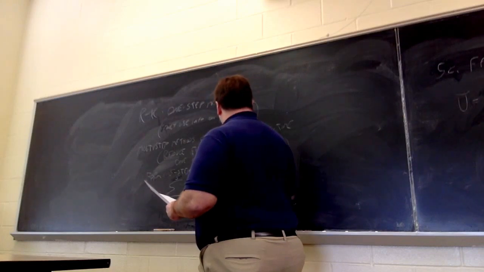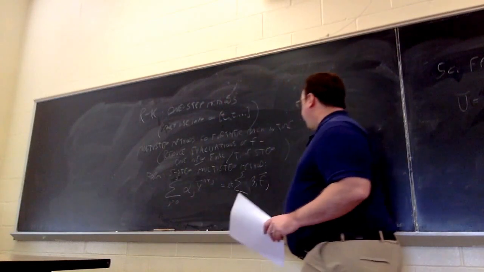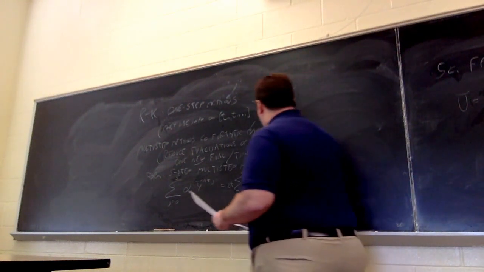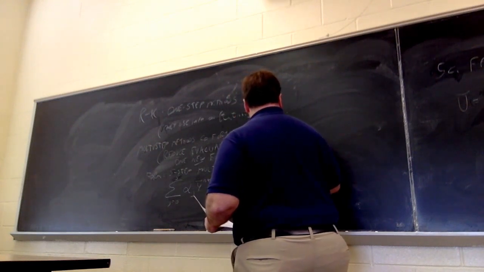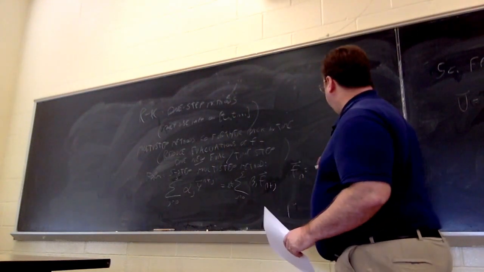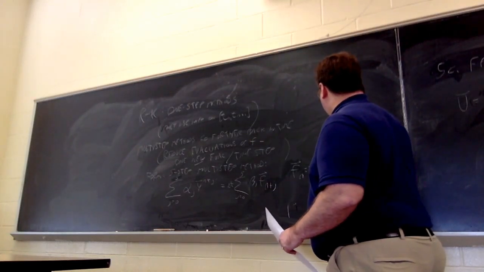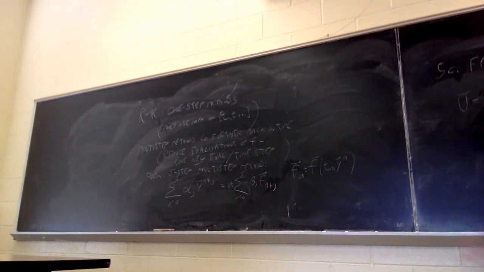Some linear combination of f values. And I can use the abbreviation f n plus j. So in general, fn is a shorthand for f at tn, yn, just to be more concise here.